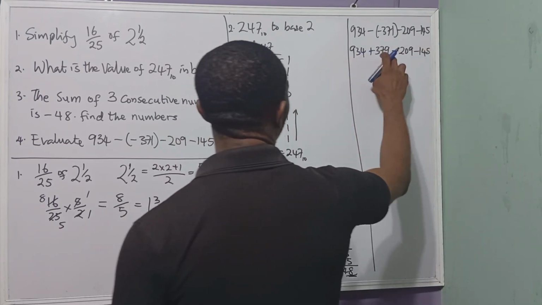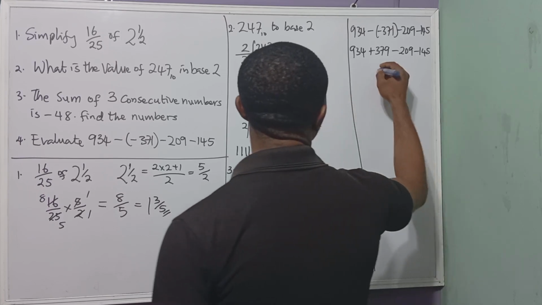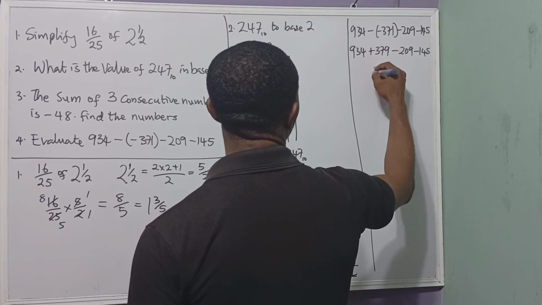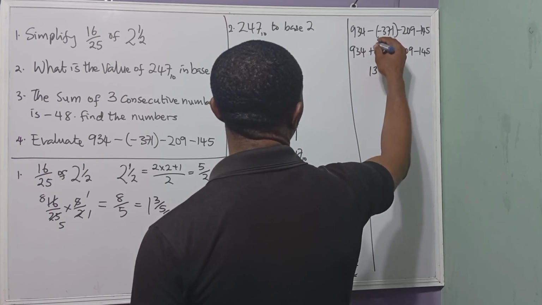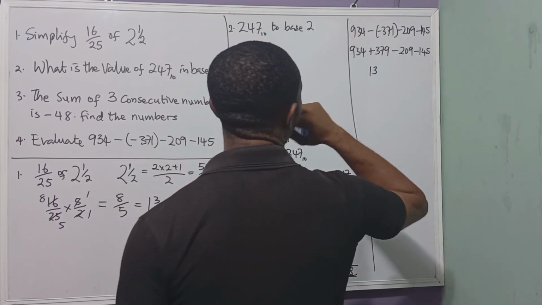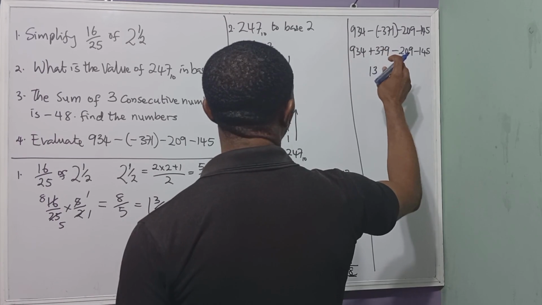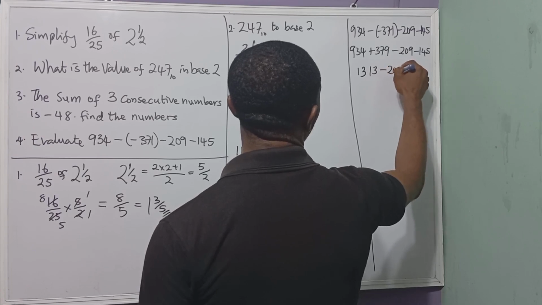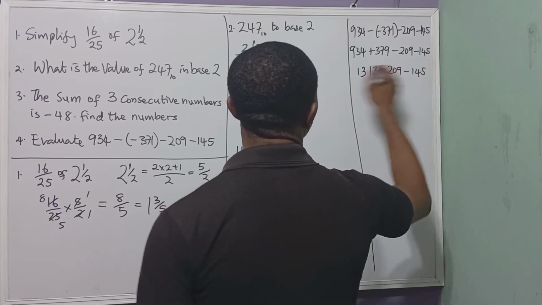Now, adding this, 9 plus 4 gives us 13, write down 3, carry 1. 10 plus 1, 11, write down 1, carry 1. 9 plus 3 gives us 12 plus 1, 13, minus 209 minus 145.